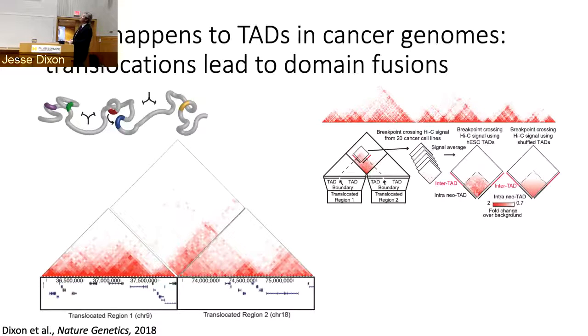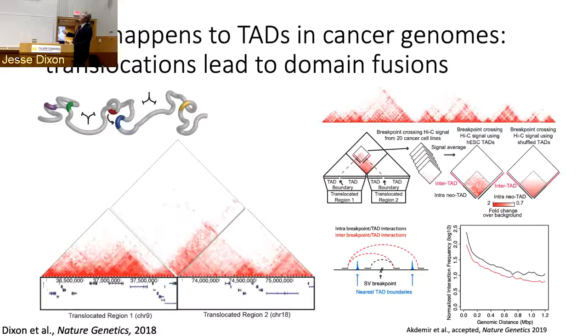We've been able to do this a little bit more systematically to ask, is this a general pattern? And I think the answer is yes. Using a couple different approaches, both in the paper we published with Feng, as well as in a collaboration with Andy Futreal's lab at MD Anderson, what we think the general trend is, illustrated by this diagram here, is that when you get a structural variant, what you're basically doing is taking the nearest TAD boundaries and stitching them together to form a new domain across the breakpoint.